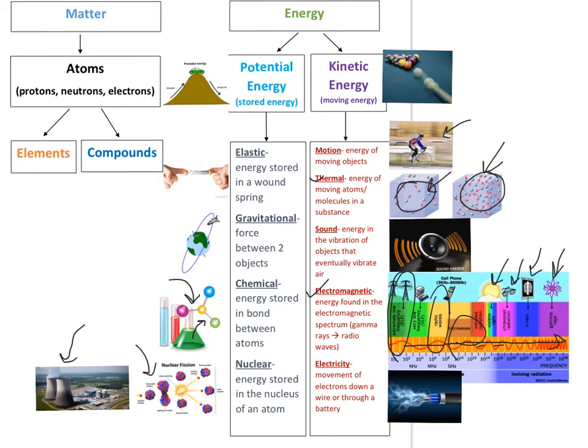All right, it's something that we're very familiar with in the 21st century, and basically electricity is the movement of electrons. All right, so that third part of the atom. We can manipulate electrons to give us energy. And so the movement of electrons down a wire or even through a battery. Okay, batteries have stored up chemical potential energy, and then when you turn something on with a battery, those electrons inside the battery are moved into the object that is being turned on, and so we call that electrical energy.